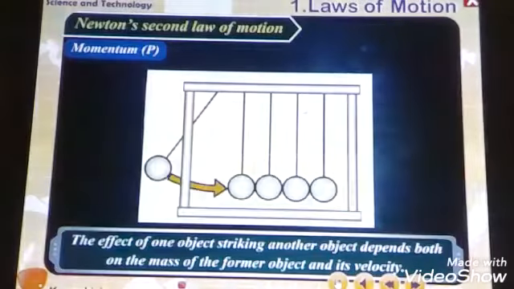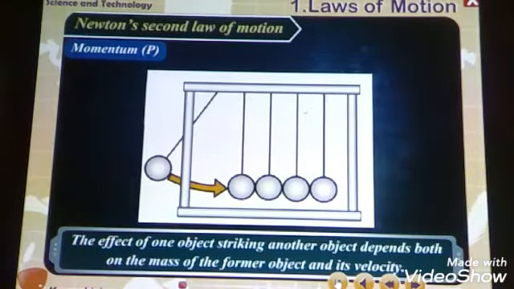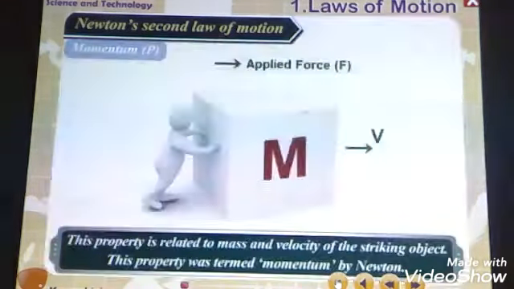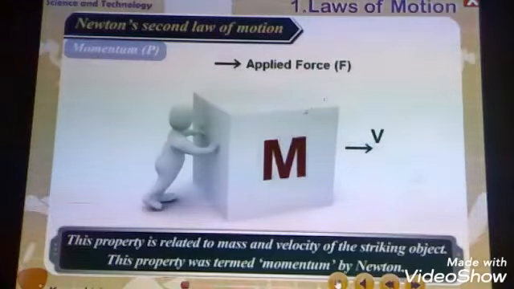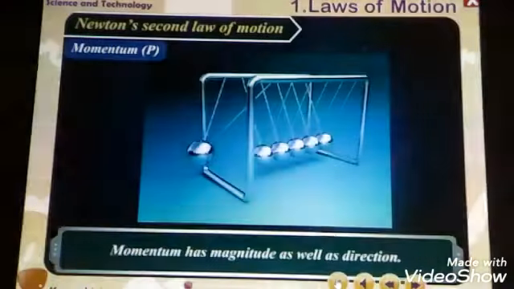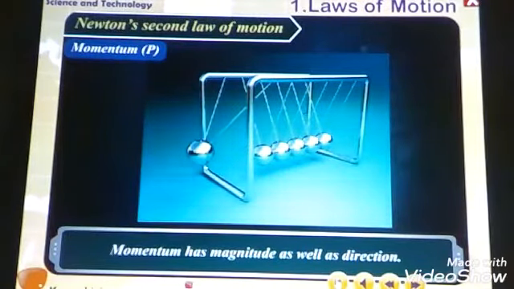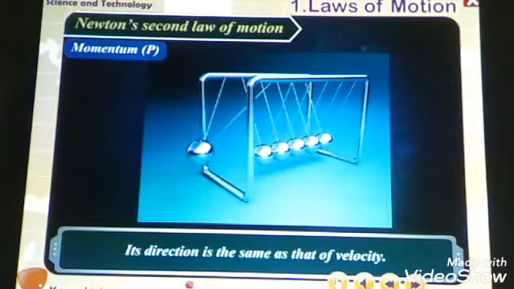Momentum, that is P. The effect of an object striking another object depends on both the mass of the former object and its velocity. This property is related to the mass and velocity of the striking object. This property was termed by Newton as momentum. Momentum has magnitude as well as direction.